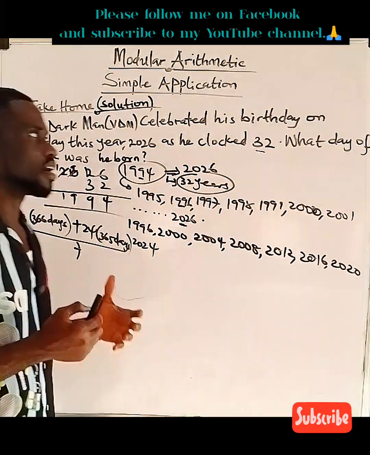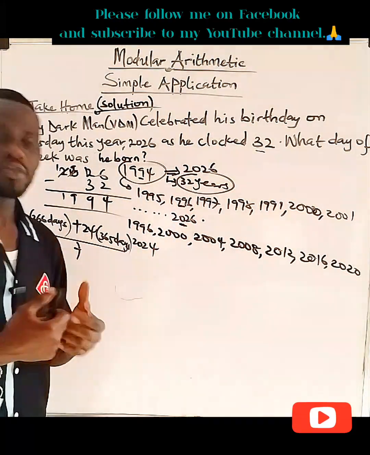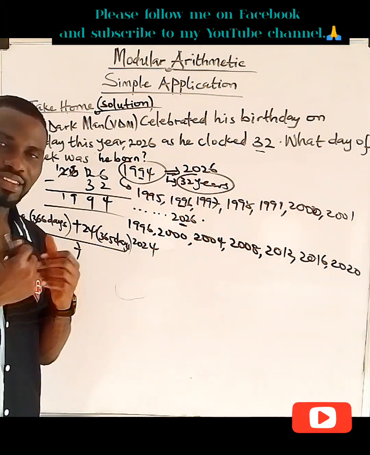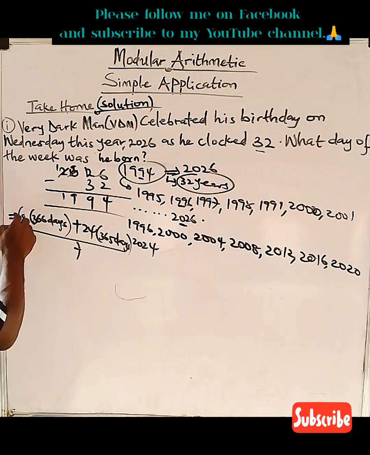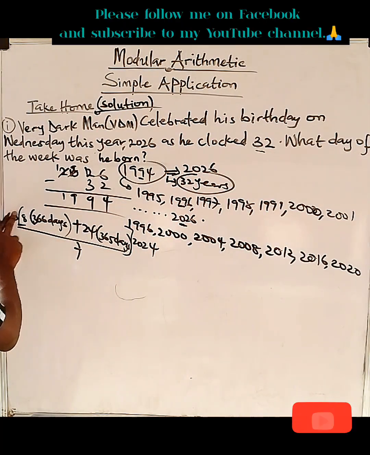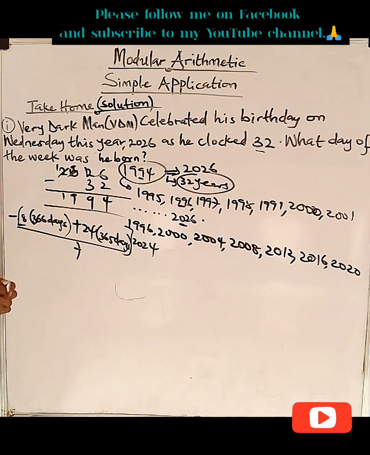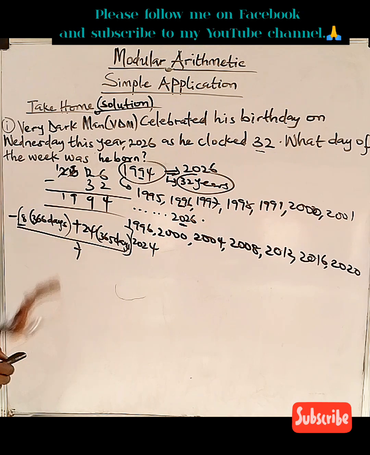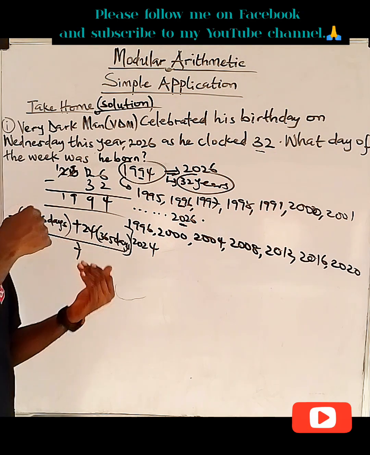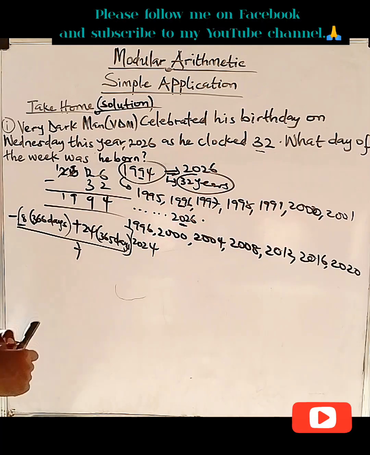We're not talking about the next 32 years. We're talking about 32 years ago when this man, Very Dark Man, was born. So all this will be negative. That means we're talking about minus 8 times 366 days, then minus 24 times 365 days. So we are counting back to the very day VDM was born.